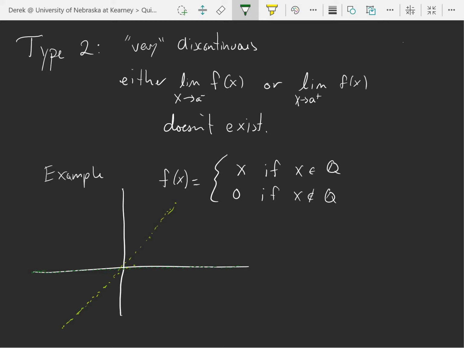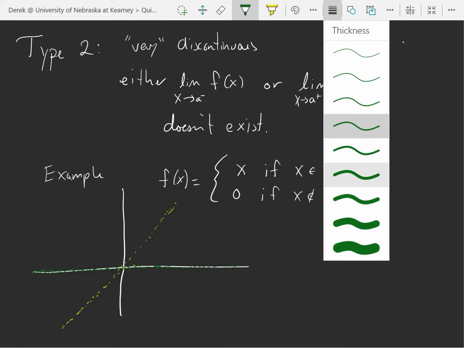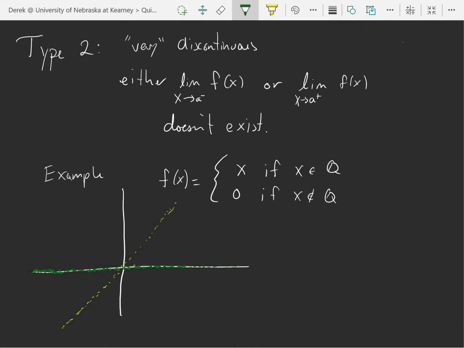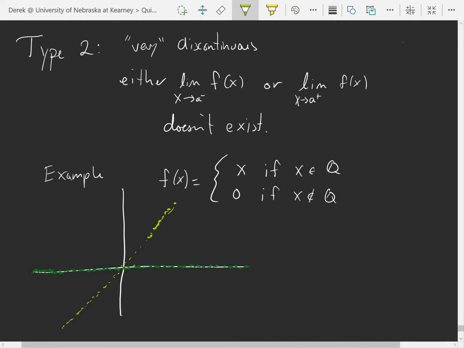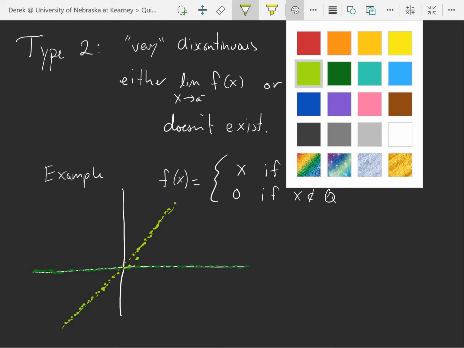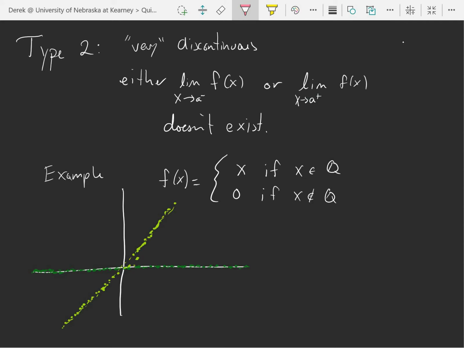So at the irrational points at 0, hopefully you guys can see these dots. Okay. Now this is discontinuous almost everywhere of type 2. There's one place where it's continuous, and that's at 0, right?